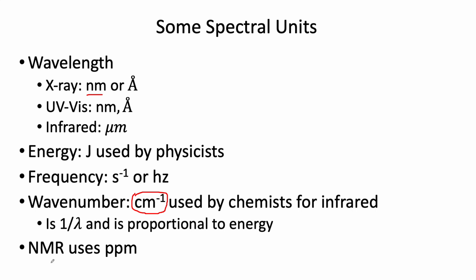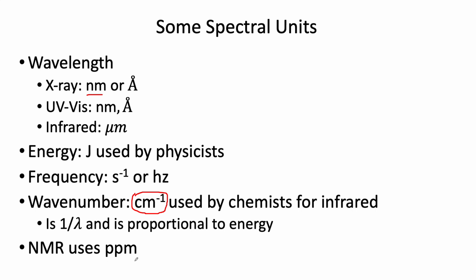Okay, well, I'll show you some infrared spectra later. And finally, when you're working with nuclear magnetic resonance, which is out in this radio wave band, they don't use any of these units at all, wavelength. They end up using parts per million, ppm. And I'll describe later why they use ppm. They don't actually talk in terms of wavelength or in nanometers.